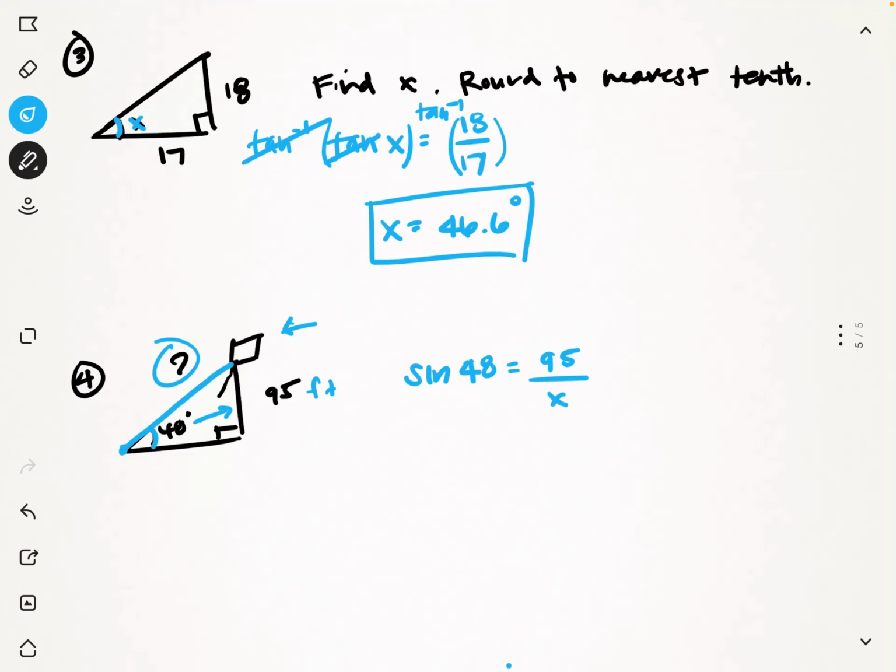Okay, so this one's a little different from the other one that we had to solve for our side because our x is in the denominator, but we're not going to panic. We're just going to take it out of there by multiplying. So our x's cancel on the right side. And then, let's rewrite this. From here, to get our x, we just divide by sine 48.